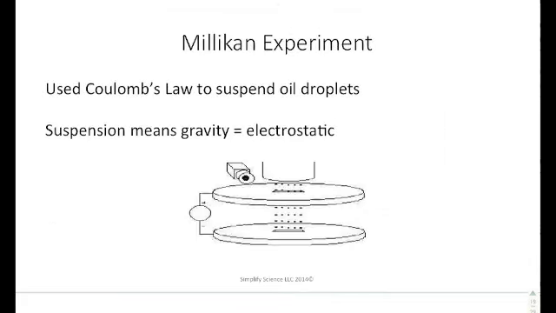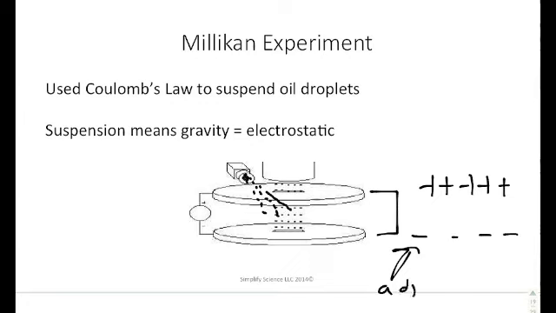The Millikan experiment was that he took oil droplets and sprayed them into a very, very fine mist, and they would become charged because he would put an electric charge on them. He was able to suspend them between two plates. He had a positively charged plate and a negatively charged plate, and he was able to adjust these until he was able to get an oil droplet to levitate.